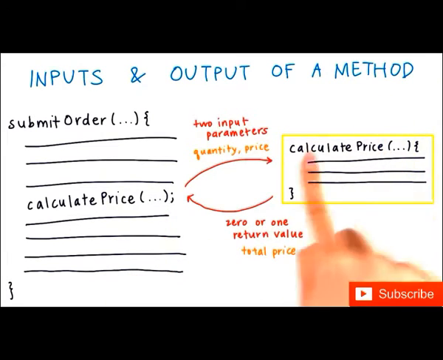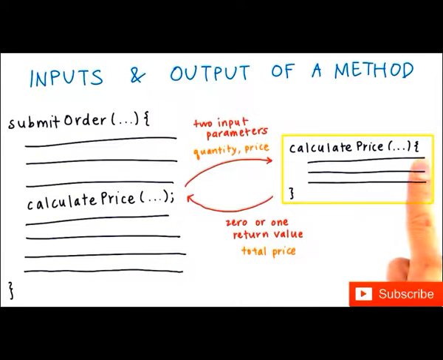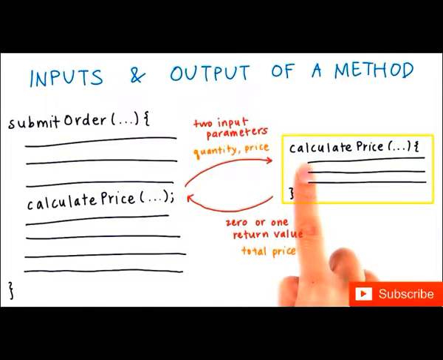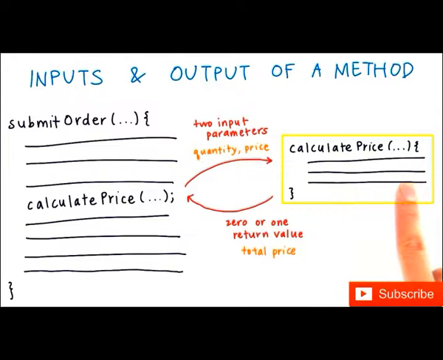Normally, when you're building your app, you will just define it one way with a certain number of input parameters. And usually that number is going to be determined based off of what's happening inside the method. The best practice is to only pass input parameters that you're actually going to need inside this method. There's no point in passing over more information if you're not going to use it inside here.